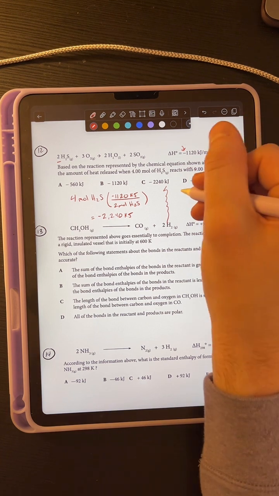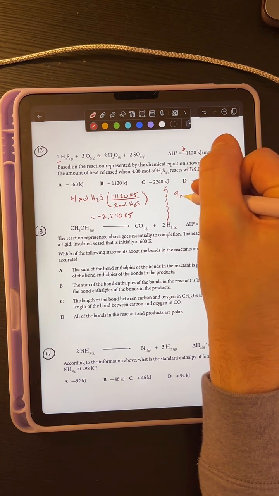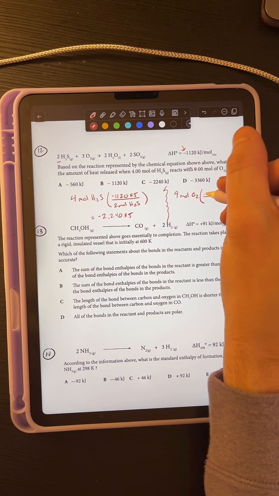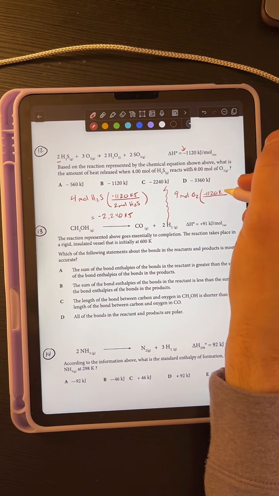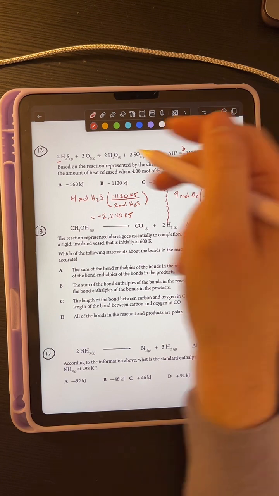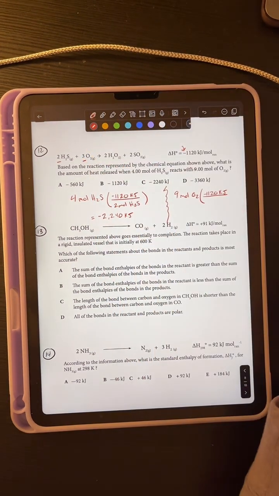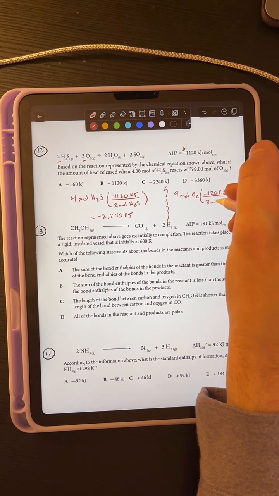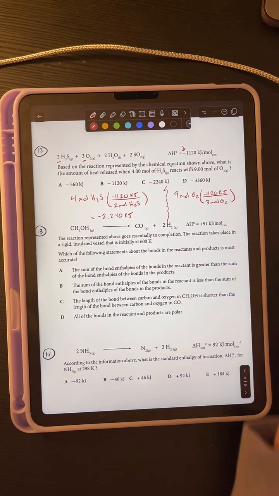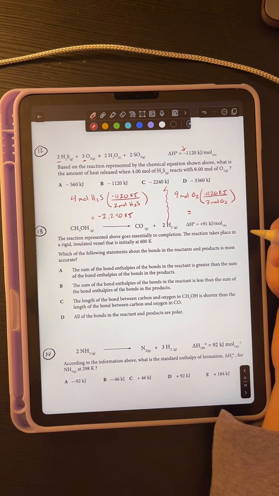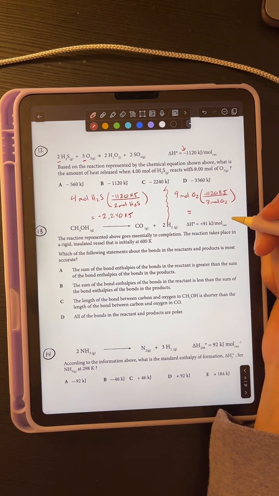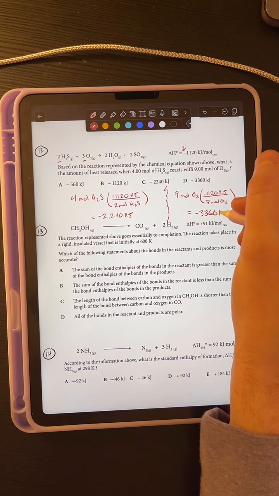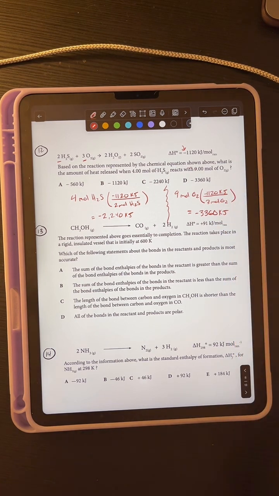So we take our 9 moles of O2. We use that same value, negative 1120 kilojoules of our heat, but now our molar stoichiometry is 3. That's for every 3 moles of O2 used. And when we do that math out, we end up getting a value of negative 3,360 kilojoules.